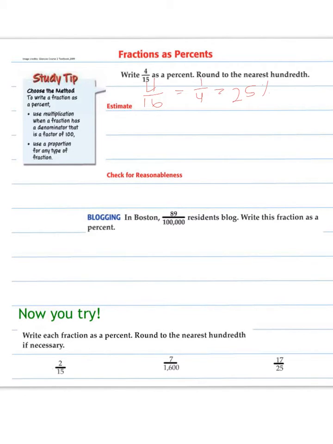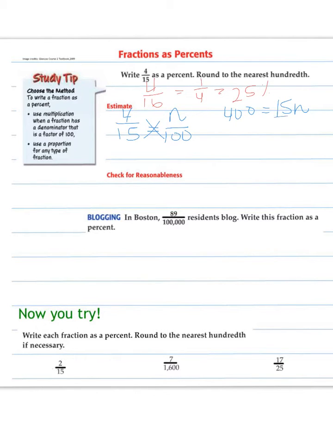All right, now what we're going to do this time, I'm going to take my 4/15ths and I'm going to set this up as a proportion, and we want it to be out of 100. Because it's a percent, it needs to be over 100, and we need to find out what that would equal then. So 4/15ths equals n over 100. I just set up a proportion. Now I do my cross multiplication, and I come up with 100 times 4 is 400. 15 times n is 15n.